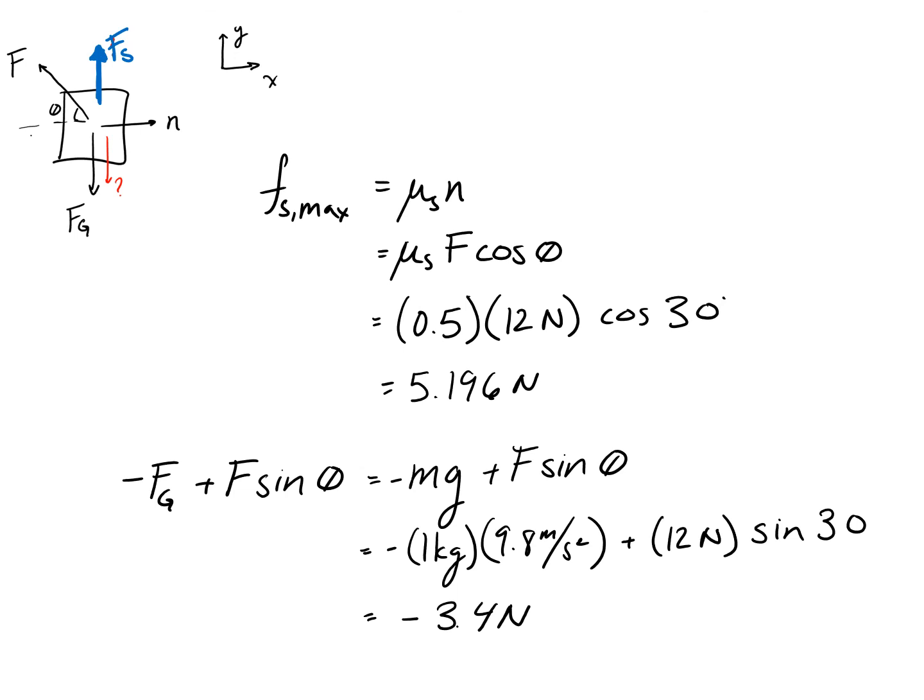We know it's going to point upwards because our object wants to move downwards because the force due to gravity is stronger than the force we are pushing with. But because we have not overcome the static frictional force, our box will stay at rest.